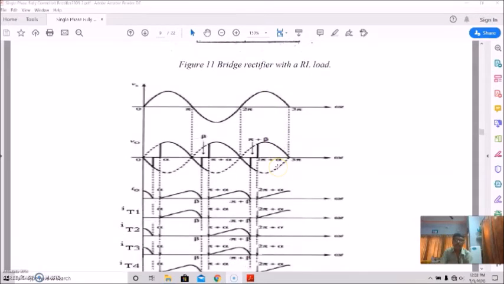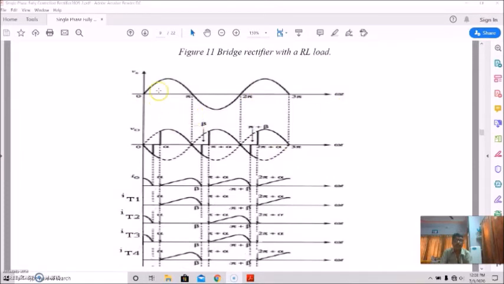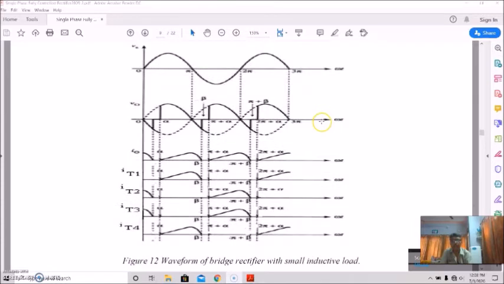See the waveform here. This is the source voltage: the first positive half, then the negative half, then again a positive half. So 0 to pi is the positive half, and pi to 2 pi is the negative half. For this half, thyristors SCR1 and SCR4 will be forward biased, and for the next, SCR2 and SCR3 will be forward biased. Then the output voltage waveform is like this.